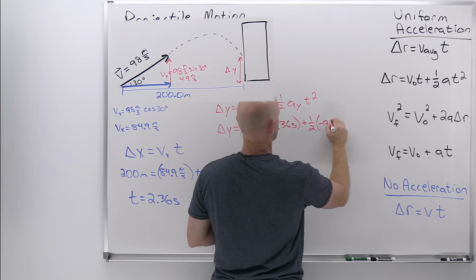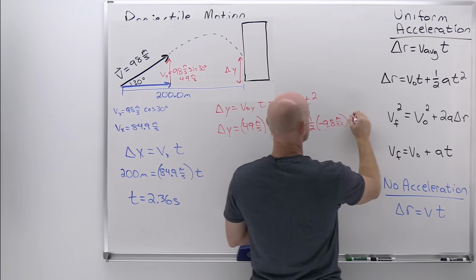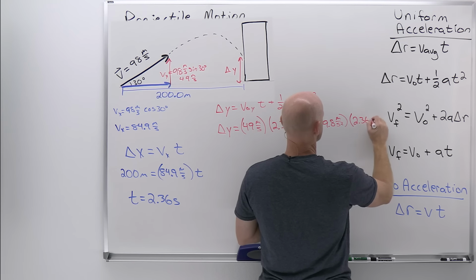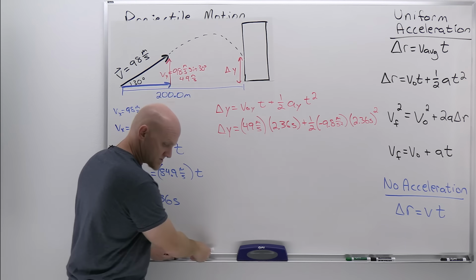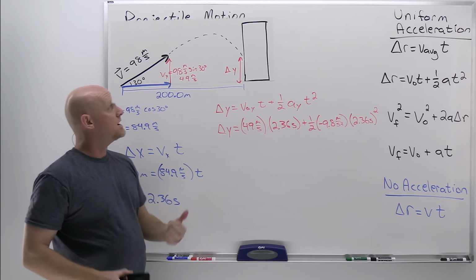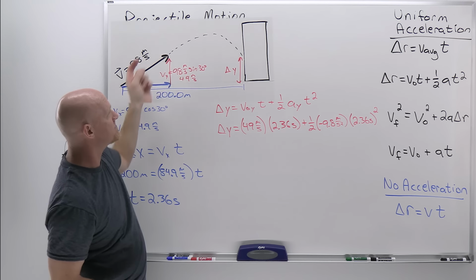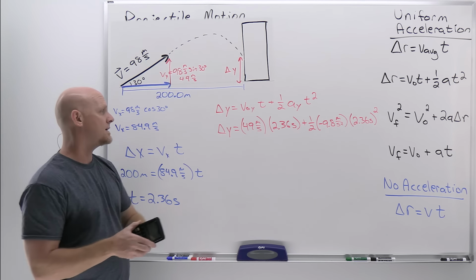Acceleration due to gravity, negative 9.8 meters per second squared. And again, times the time of 2.36 seconds. And we've got to remember not to forget to square that right there as well. And now we can let our calculator do the work. And again, we're actually not going to know if we're on the way up or if we're on the way down. And it doesn't matter. We'd solve for delta y the same way either way.